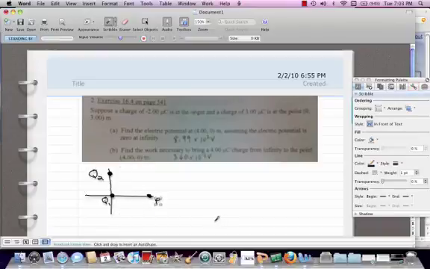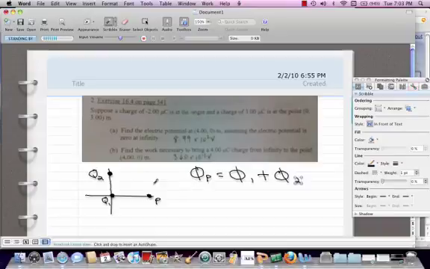So to find the potential at point P, phi of P, remember that potential is a scalar, so we don't have to worry about the vectors. So phi P is going to equal phi 1 plus phi 2.